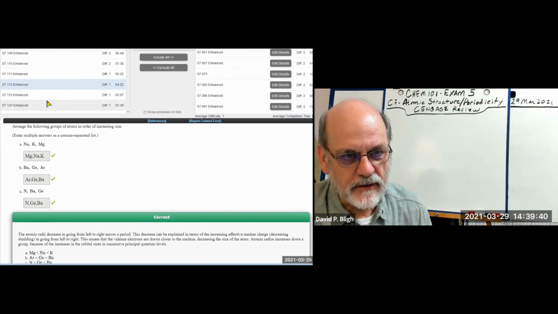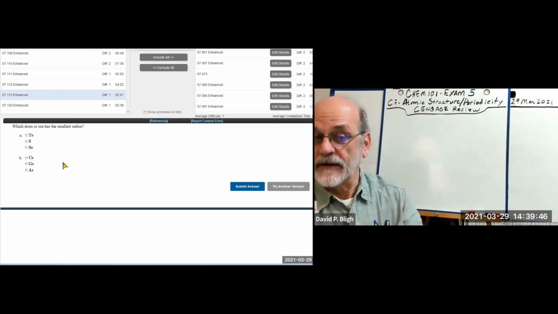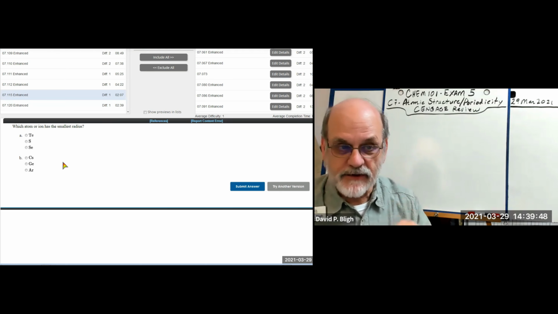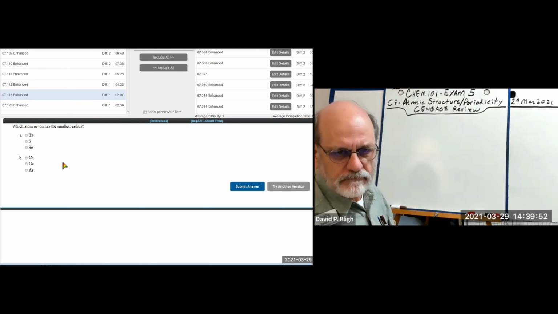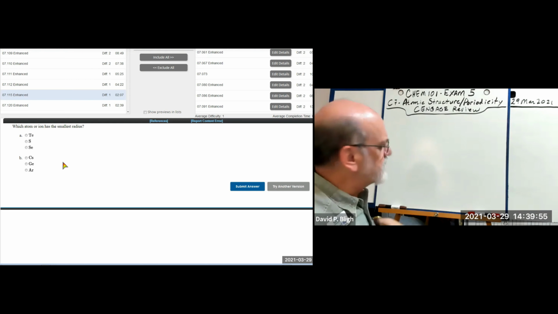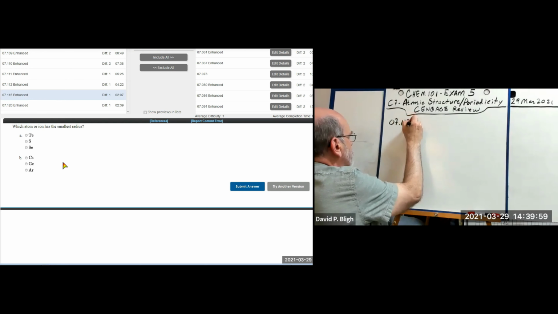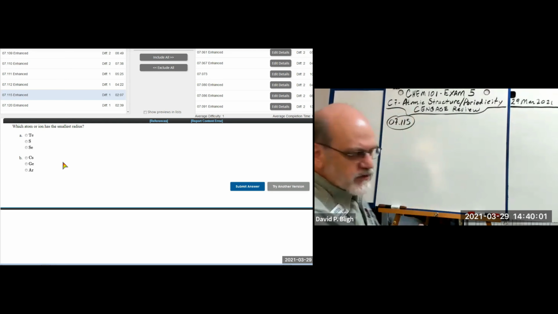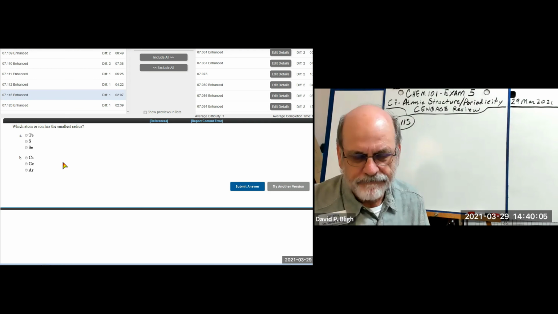Now I want to look at, see, what is this one? Okay, this question asks about, I didn't put the number up there for that one. This is 7115. This question asks about ion size.